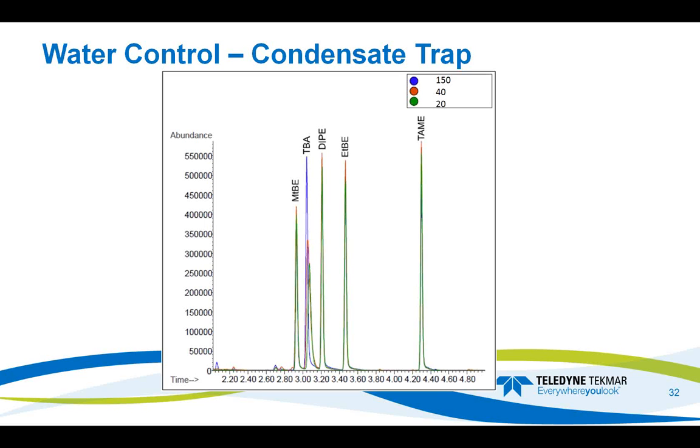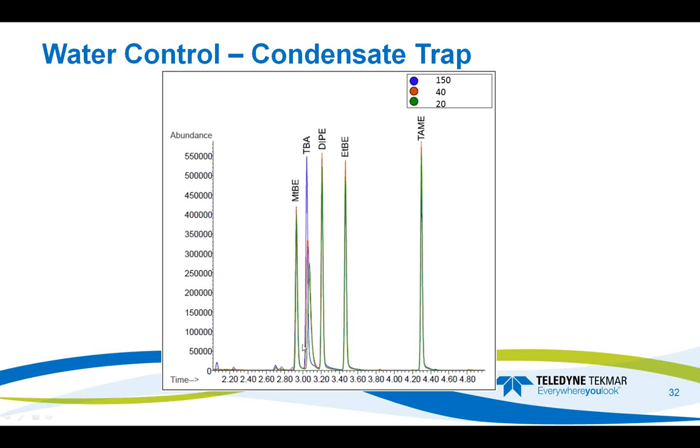So here's some data. What we're seeing here is the temperature of our condensate trap during purge and desorb. And as I mentioned, the temperature of that trap can start to have an effect on our peak shape. So we see here, especially with our TBA, at 20 C, we have a nice broad peak. And as we increase that temperature to 40 and then 150, that peak tightens up.